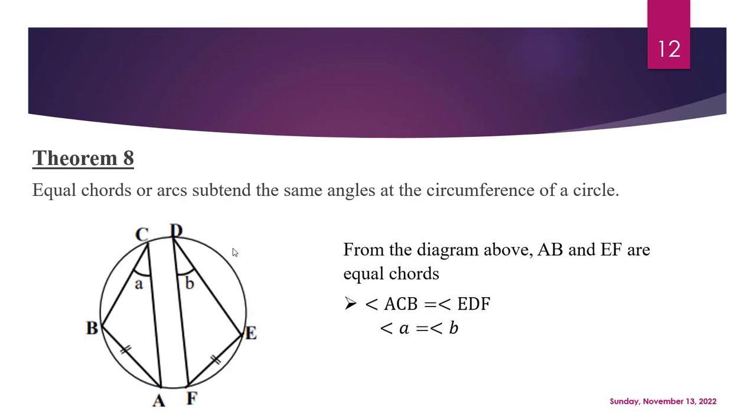Now we have a diagram on the screen. A nice diagram. Now C, B, A, F, E, and D are points on the circle. And from the diagram, line AB, line FE, line ED, and line BC are chords.